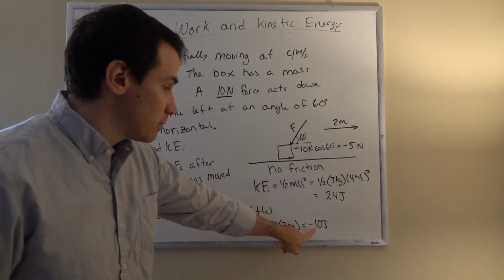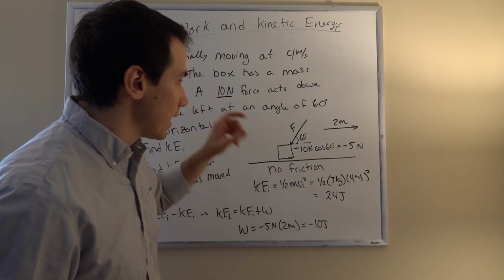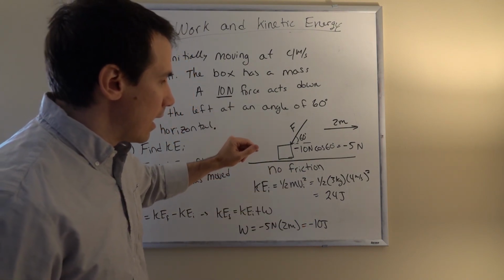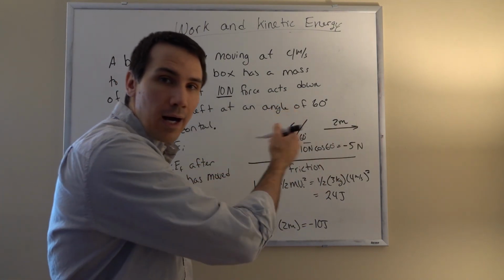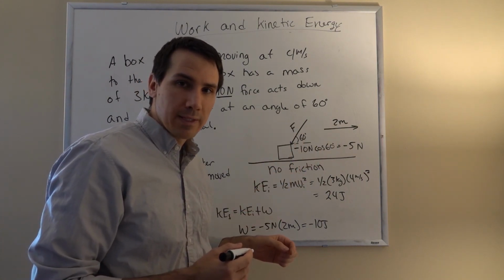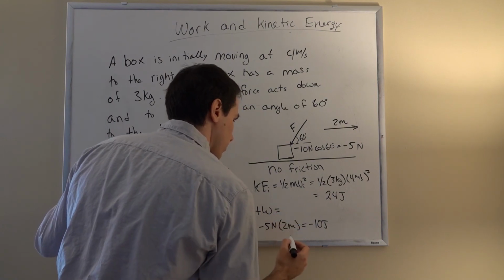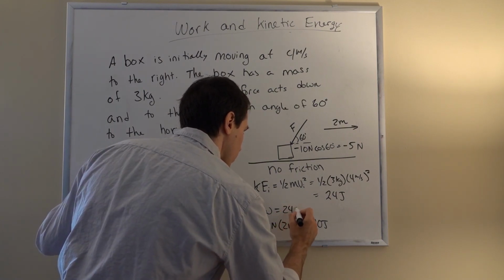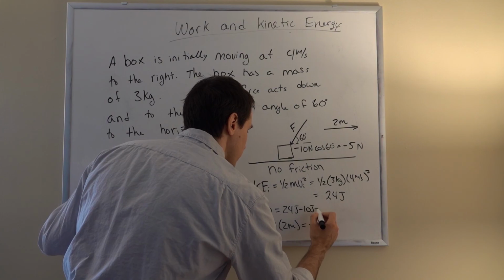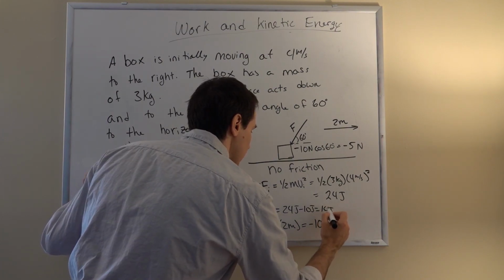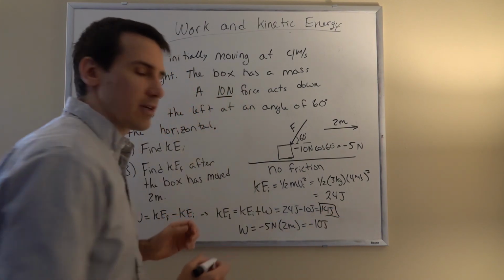Notice that I expect this work to be negative because my force points in the opposite direction of my displacement, right? So my kinetic energy final must be 24 joules minus 10 joules, which is 14 joules as my final kinetic energy.